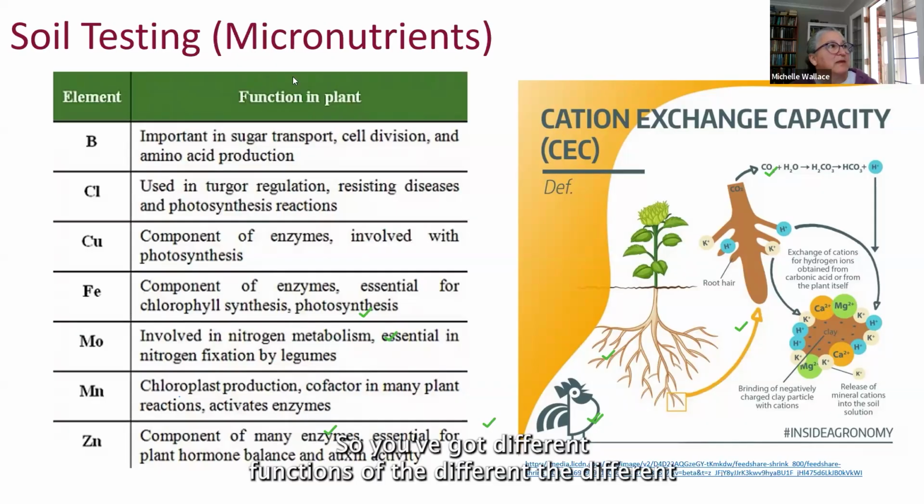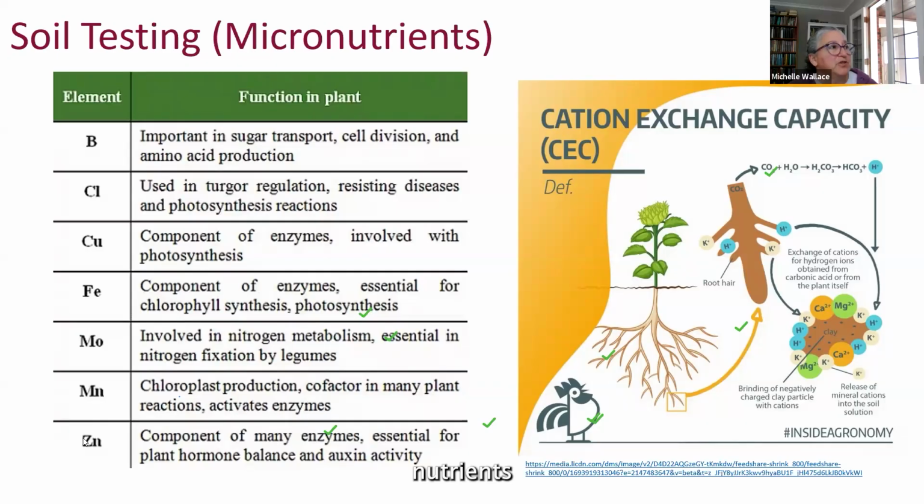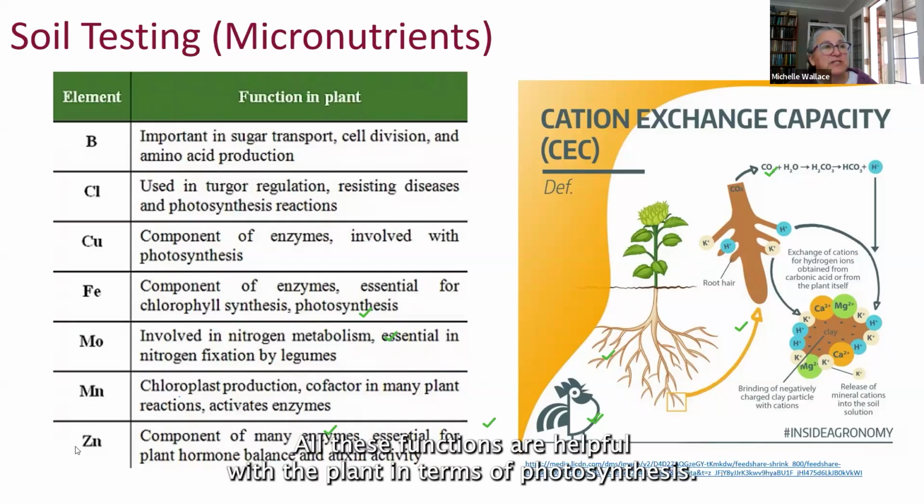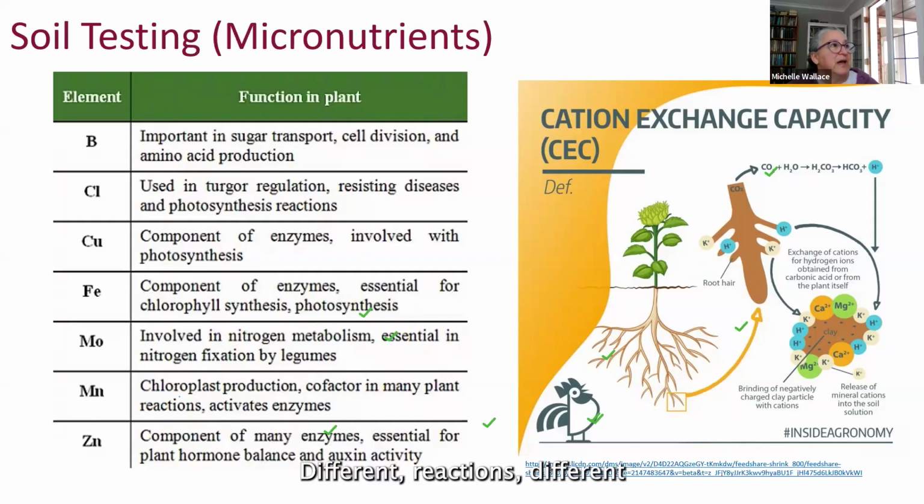So the different nutrients have different functions for the plant. All of these functions are helpful to the plant in terms of photosynthesis, different reactions, different jobs within the plants.